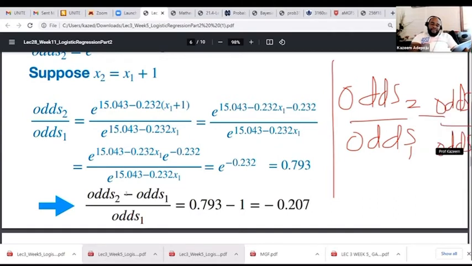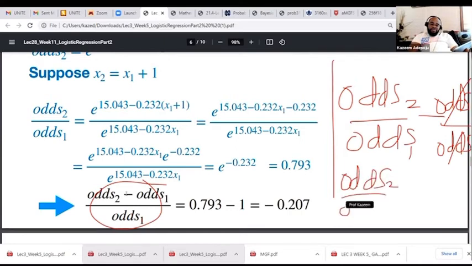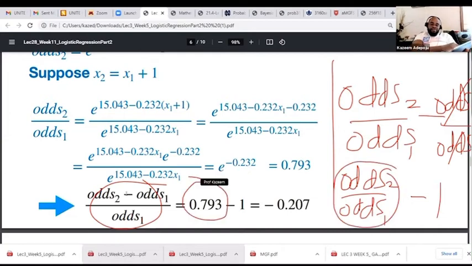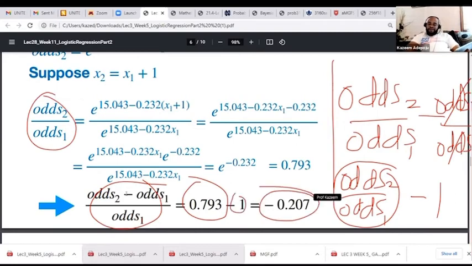If I want to rewrite this, it's going to be this, minus 1, and this is this guy here. It's what we just derived right now. Then minus 1, then we have this guy now.